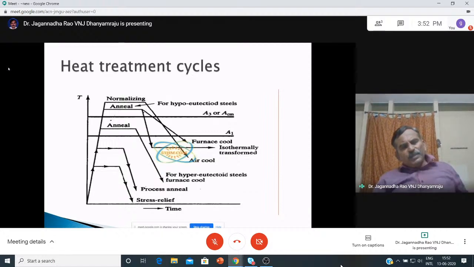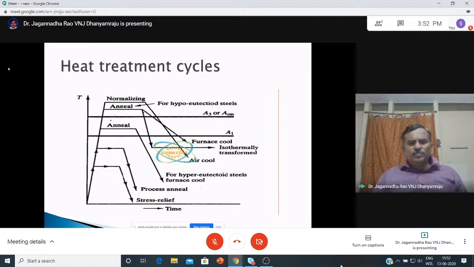Heating is represented by an upward sloped arrow, soaking by a horizontal line, and cooling by a downward arrow. We have 5 processes here.